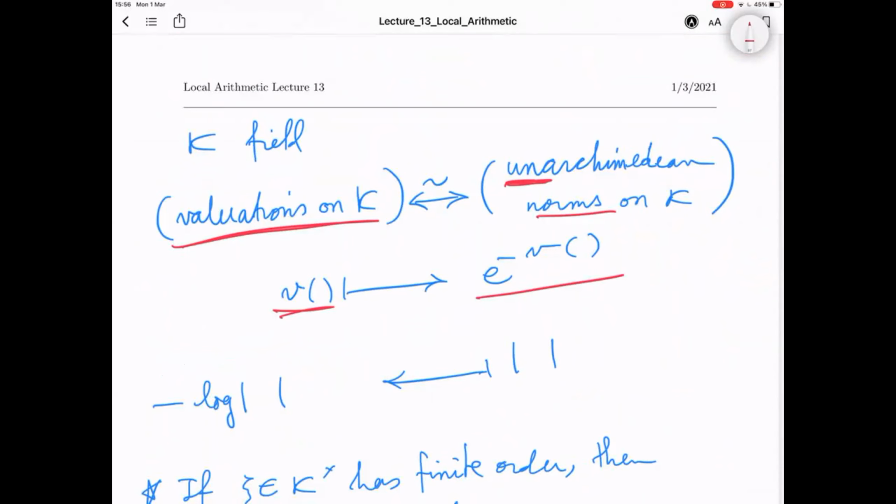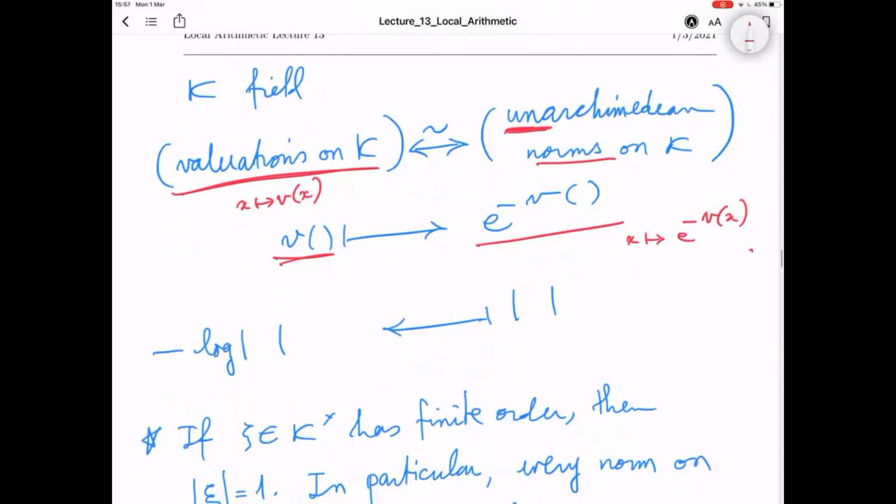If the valuation is x going to v of x, the corresponding norm is x going to e to the minus v of x. And similarly, if I have a norm on a field which is non-Archimedean, it doesn't work for an Archimedean norm.